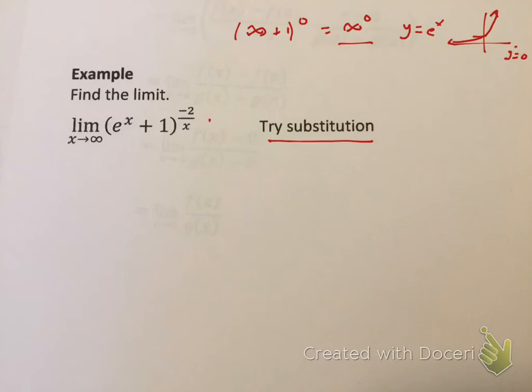So we have to do substitution. Let's make y equal to this, e to the x plus 1, to the negative 2x to the negative 1. Let's do some preliminary work here. Take the natural log of both sides.